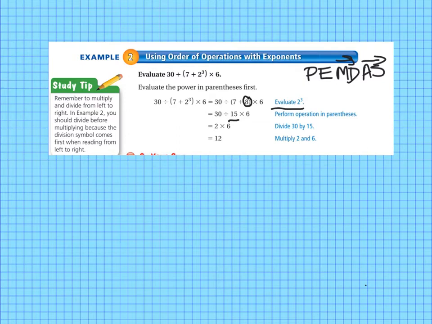So if we were driving a car through the problem, we would come to division first. So we take 30 divided by 15, which equals 2, and then we have a times 6. So 2 times 6 equals 12, and that's our answer.